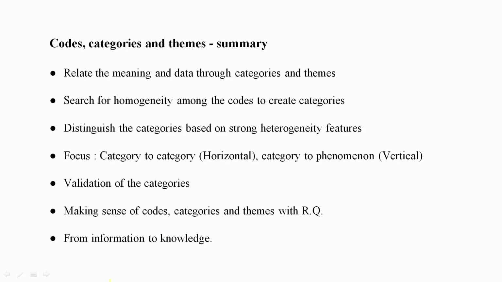A code is a label that we attach to a portion of the data. A code captures the meaning of a data chunk, which can be two lines or a paragraph to which you attach a particular label. Several codes create a category.